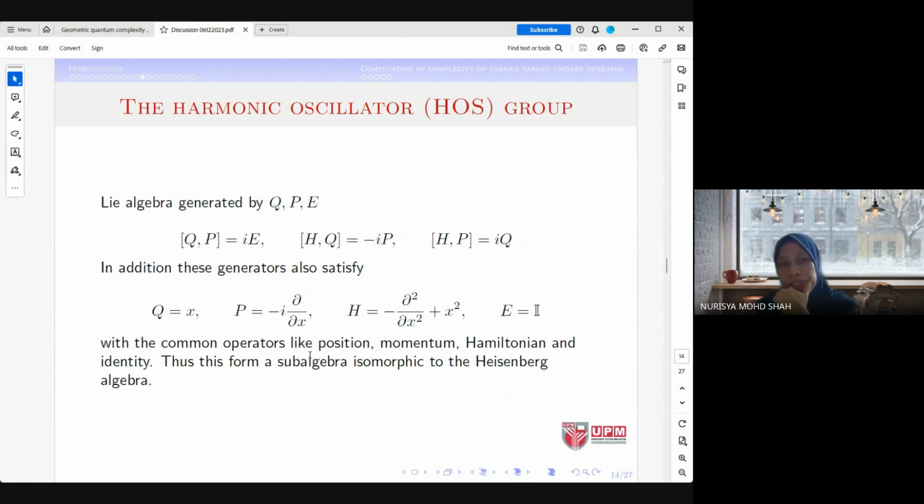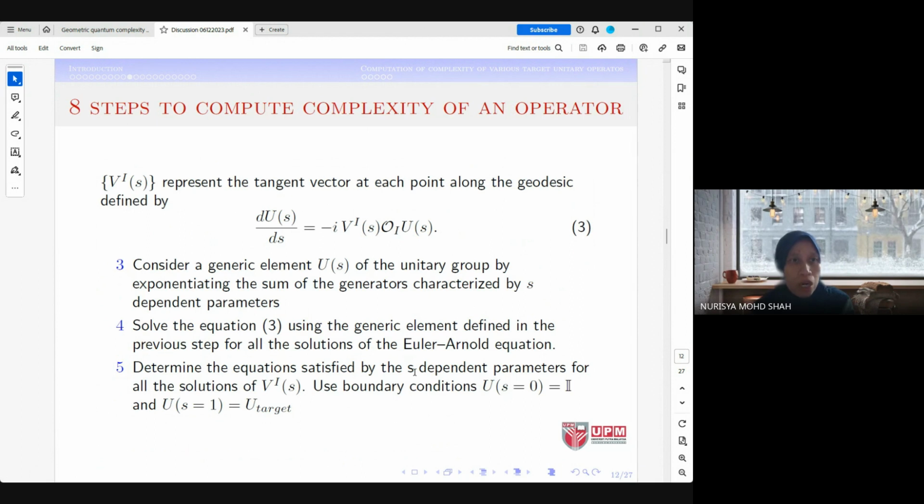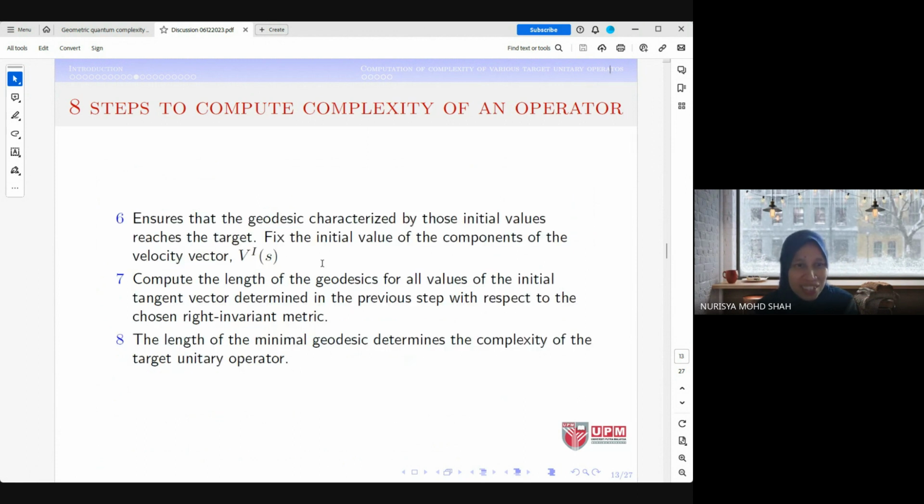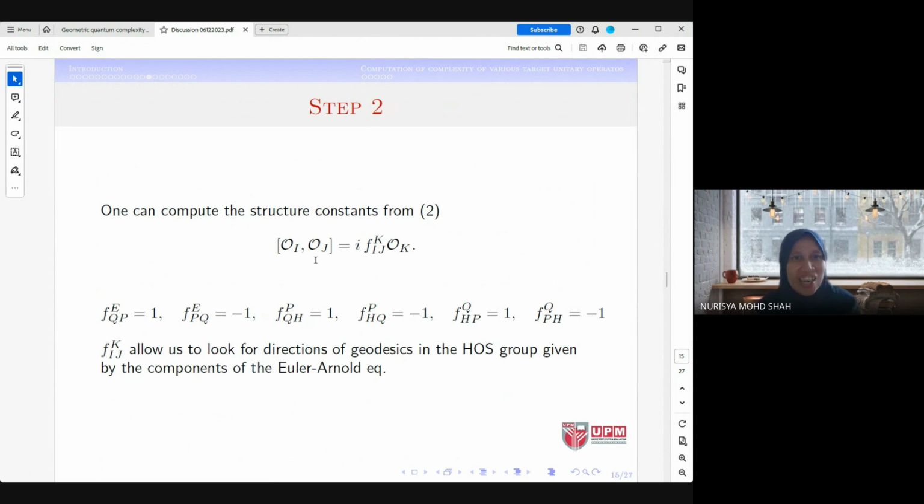So these are the common operators like the position, momentum, Hamiltonian, identity. So they are isomorphic to the Heisenberg algebra. So we follow the 8 steps. So I missed somewhere, but now we start to go to. Okay. Sorry. All right.